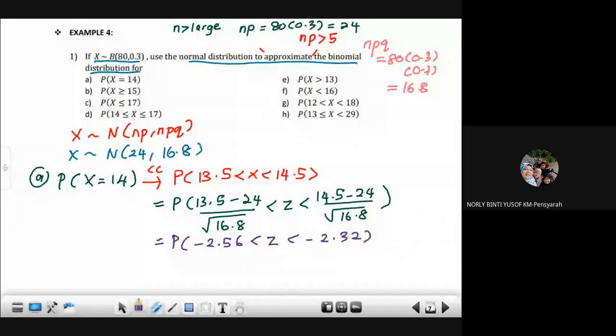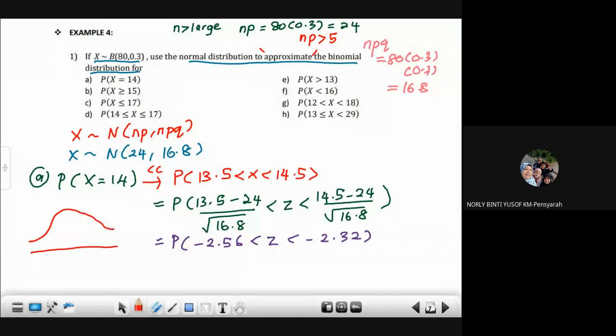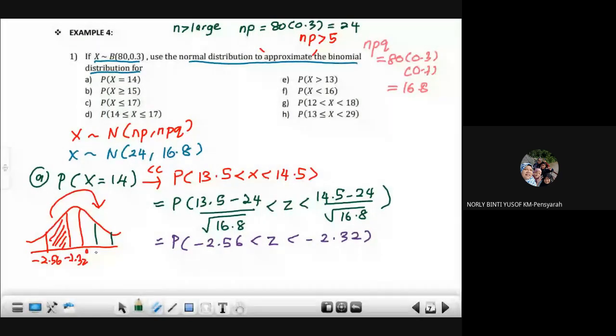Dua-dua negatif. So sama. To understand, you draw the normal shape. So you ada dua-dua dekat left tail. Okay, left tail negative 2.56, negative 2.32. So this is your region. Okay, kalau tengok region you sama dengan area yang positif. Sebab symmetrical lah. Sebab you memang tak boleh baca pun kan Z negatif. So dia akan symmetrical dengan the Z value that is positive, 2.56 with 2.56.